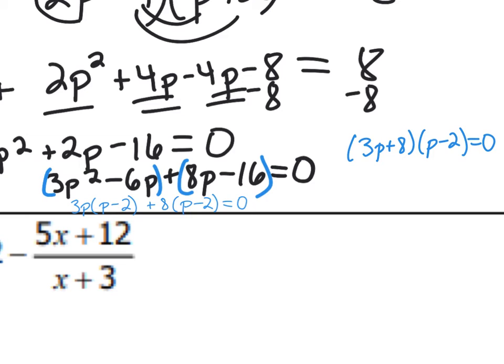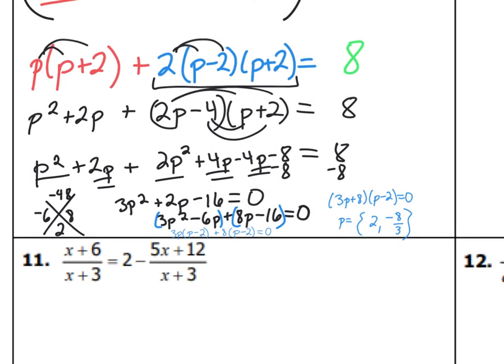Set them both equal to 0 and solve. P is going to be what? 2 and something else. 2 and 1.33. Not a decimal. Negative 8 over 3. Yep. Cool.